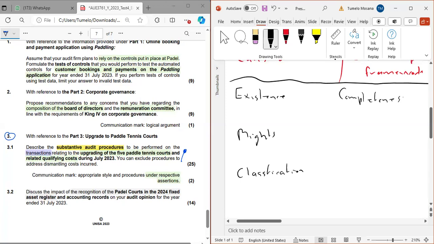Some of them are interchanged. And then you would have accuracy, valuation, and allocation. They go hand in hand with each other. Then you would have presentation.